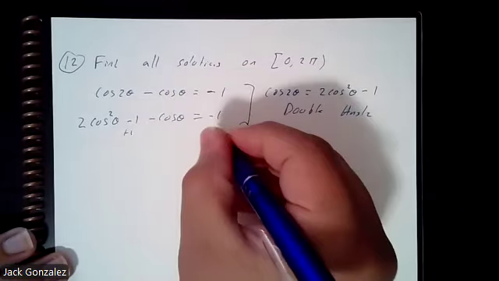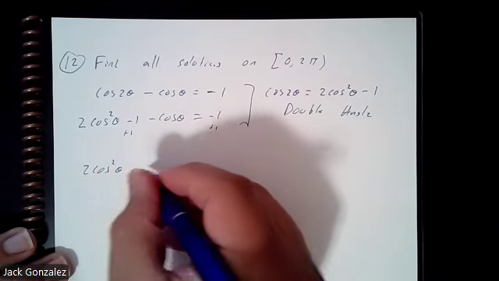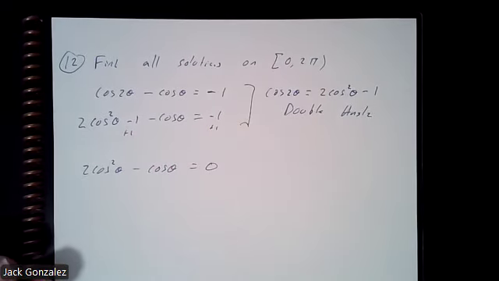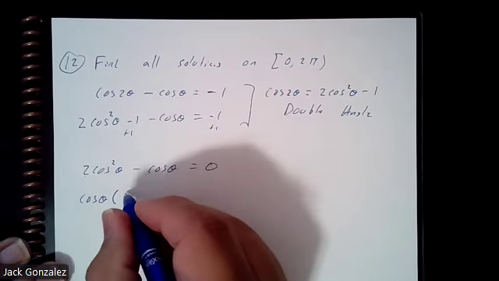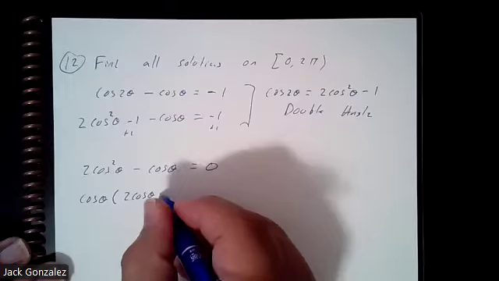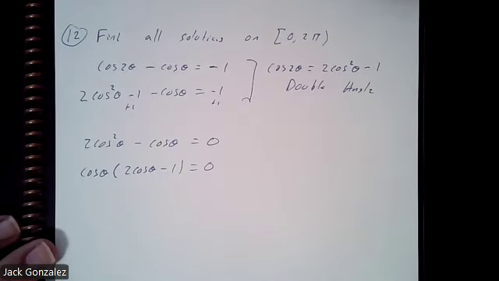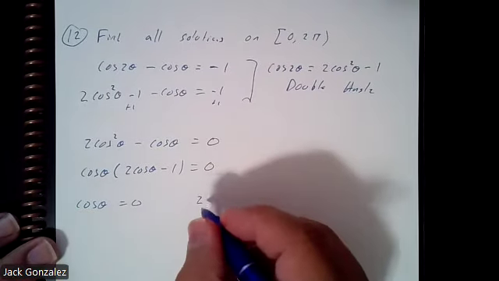That'll cancel the ones. So now I have 2 cosine squared theta minus cosine theta equal to 0. Factor cosine, and now we can set each one equal to 0 because of the zero factor property.